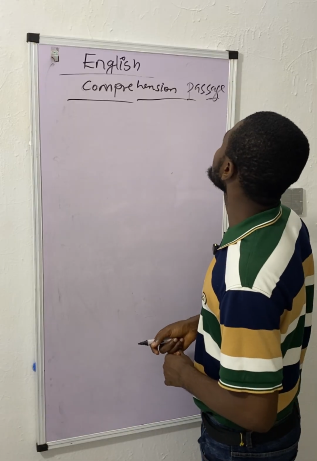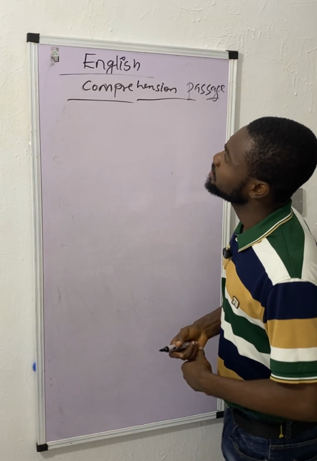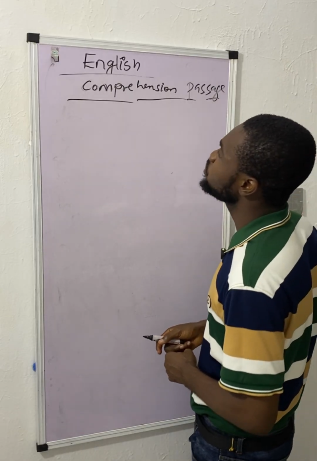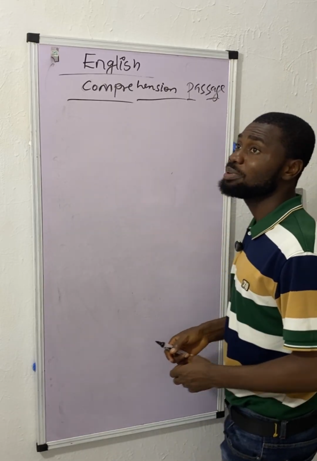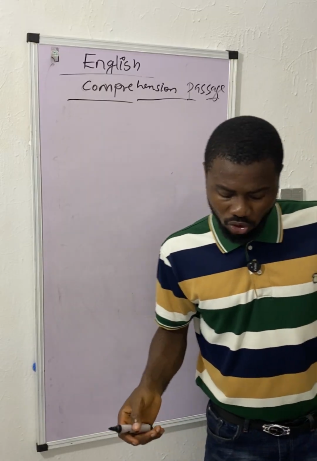You also use it to test your lexical pattern, how well you're able to use lexis, and your ability to summarize. They still use it to test idioms and so on and so forth.